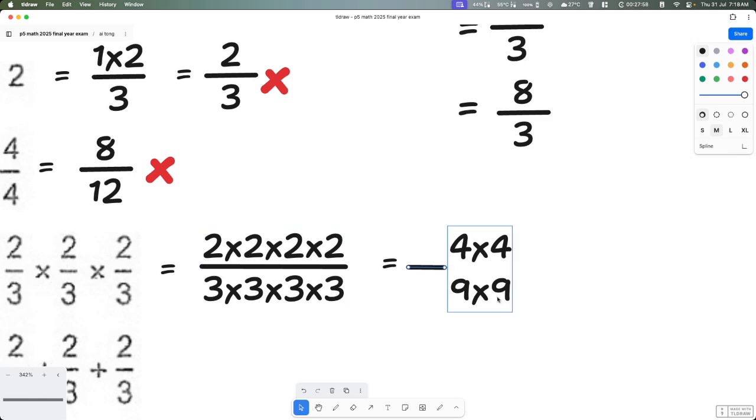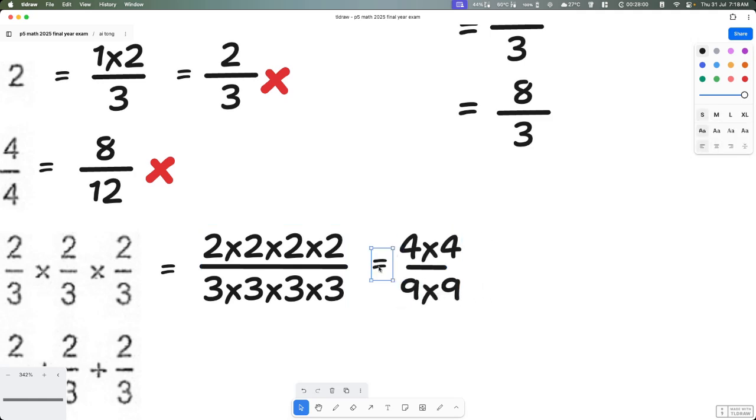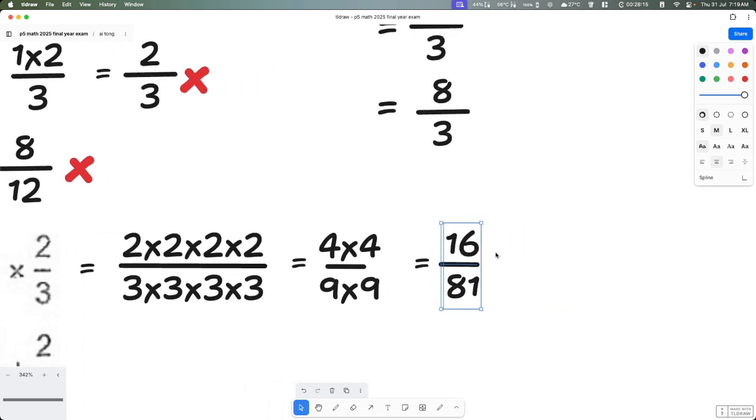The answer to this is 16 over 81. Okay, so if I were to simplify 16 over 81, I can't really simplify it, because multiple of 9, multiple of 2, you can't really simplify it. So this is also wrong in this case over here.